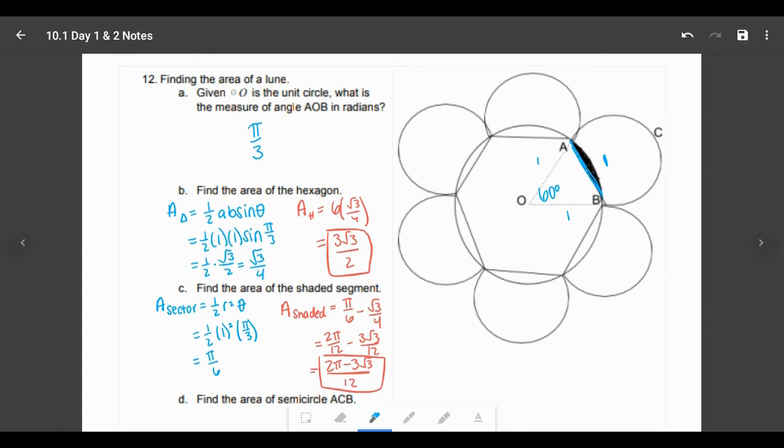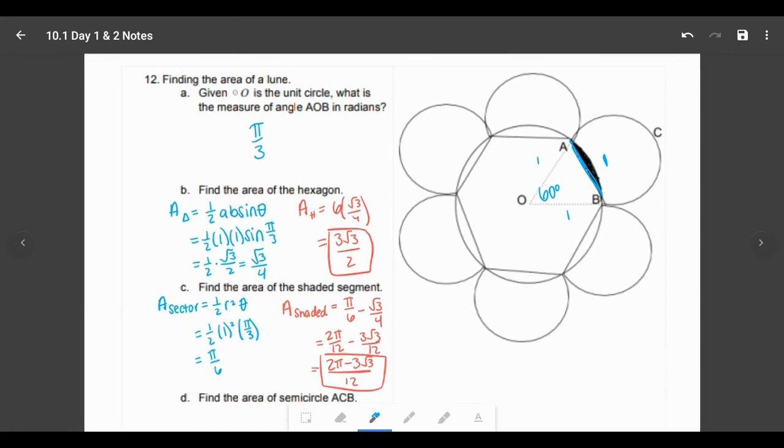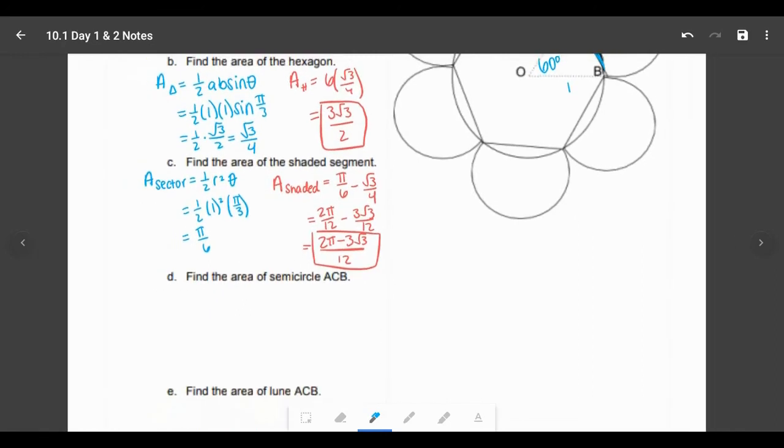Since AB has a length of 1, and we are told that ACB is a semicircle, then I should know from that information the radius of my semicircle is going to be 1/2. So when we go back down to D, if I'm recalling the area of a circle, well, that's just pi r squared.